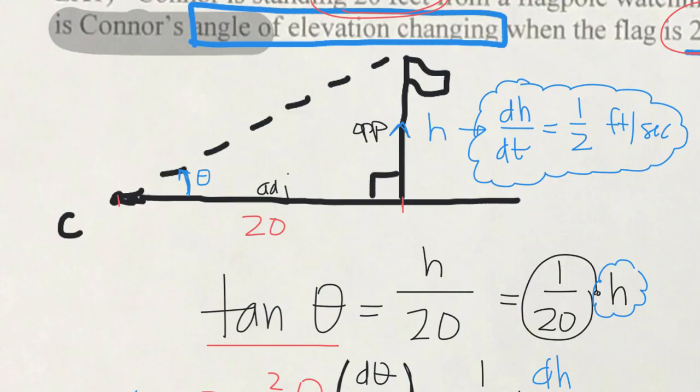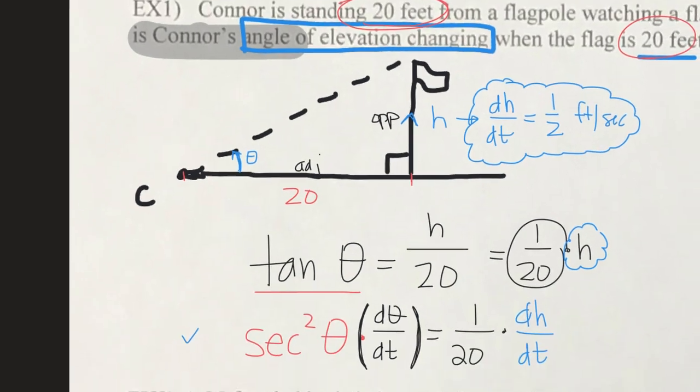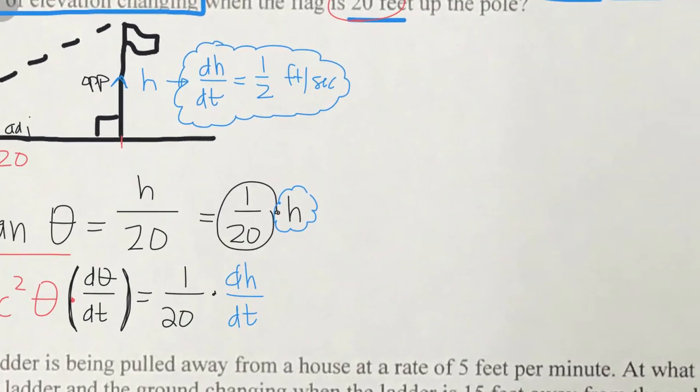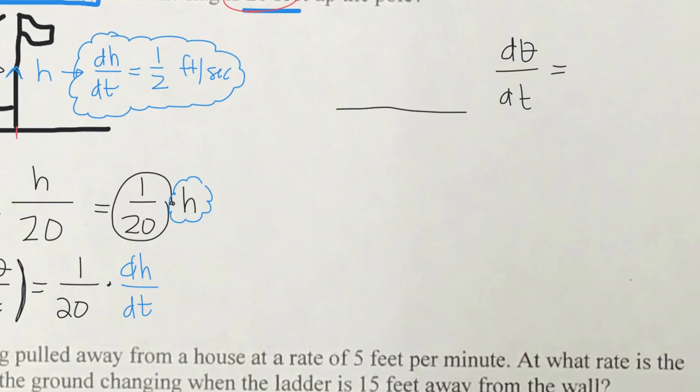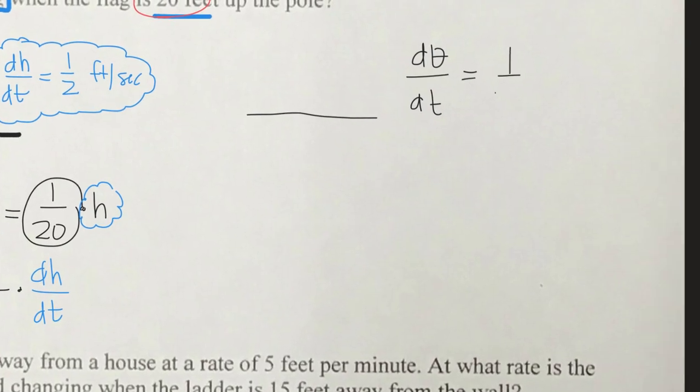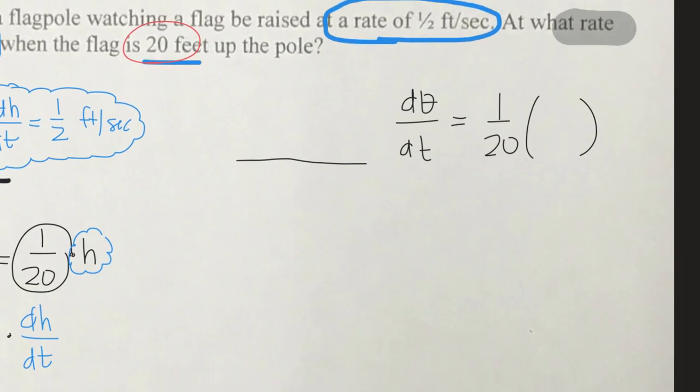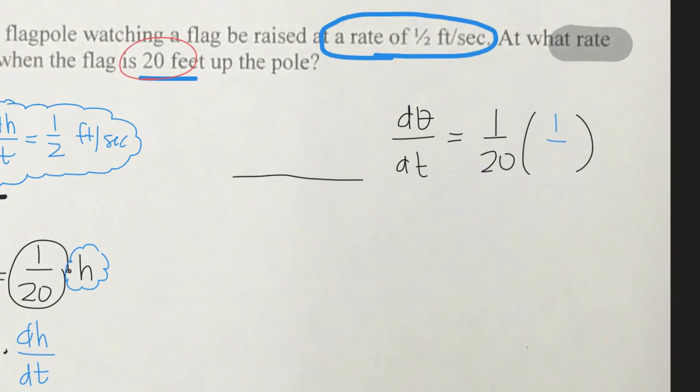Now, let's get to plugging in what we know. So let's come over here. Do we know what the secant is? No, we don't know what the value for secant is. We want to find d theta dt. We have a constant of 1 over 20, and our flag is being raised at a rate of 1/2 of a foot per second.